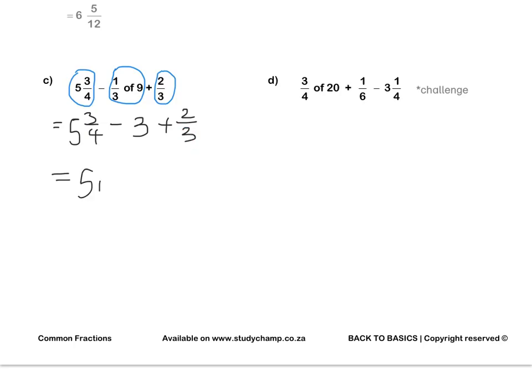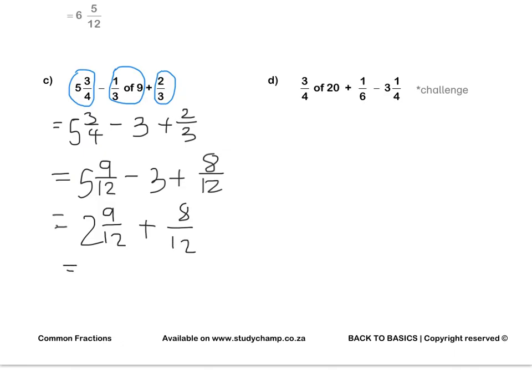So we have 5 and 9/12 minus 3 plus, we've times by 4, 2 times 4 is 8. Working from left to right, this minus that, 5 minus 3 is 2, and we keep our fraction part. We still need to add 8/12. So we have 3 wholes and 17/12 to give us a final answer of 4 wholes and 5/12.